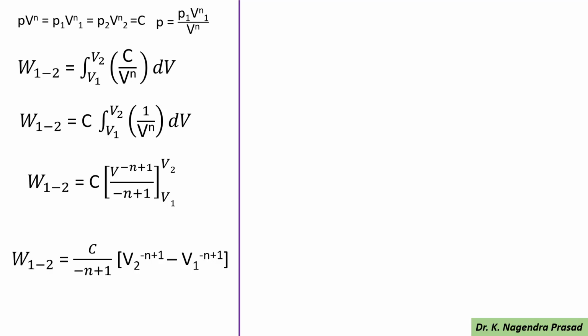This becomes W12 equals C divided by (minus n plus 1) into V2^(minus n plus 1) minus V1^(minus n plus 1). This can be written as W12 equals 1 divided by (minus n plus 1) into C V2^(minus n) into V2 minus C V1^(minus n) into V1.